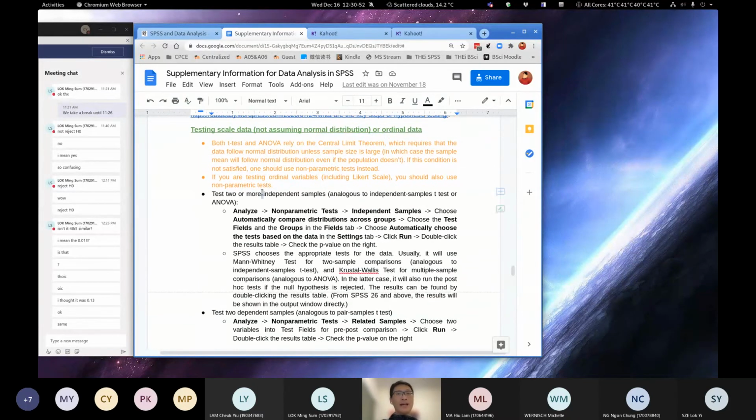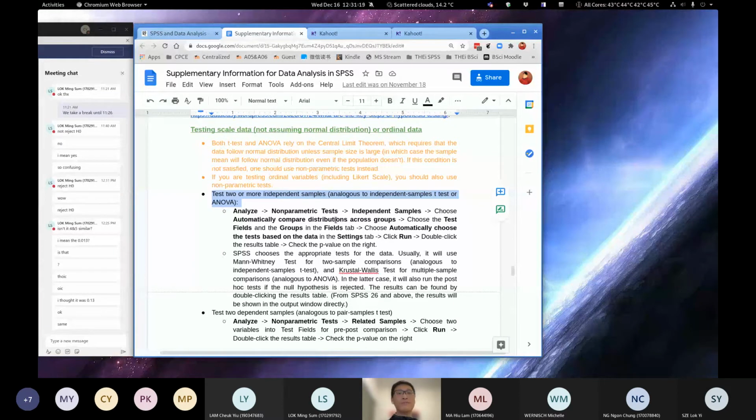Now, for the non-parametric test, it turns out that conceptually or theoretically, the non-parametric test is quite difficult to understand. My students in my statistics class, all of them find this extremely difficult to understand.